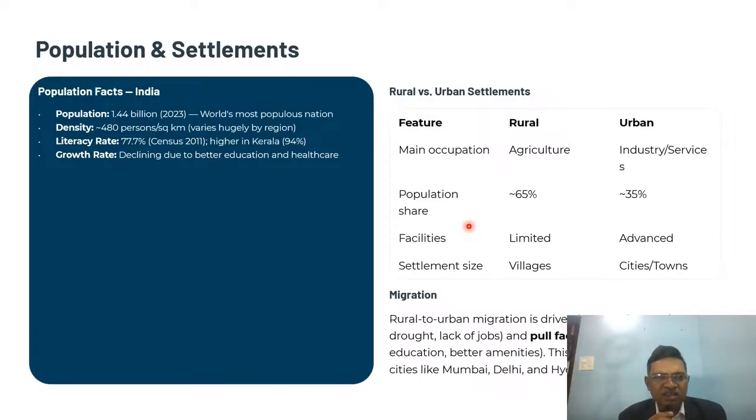Then the literacy rate: about 77.7 percent based on Census 2011, highest in Kerala, where 94% of people are literate. Then the growth: the population growth is declining due to better education and healthcare, and the death rate is also decreasing.